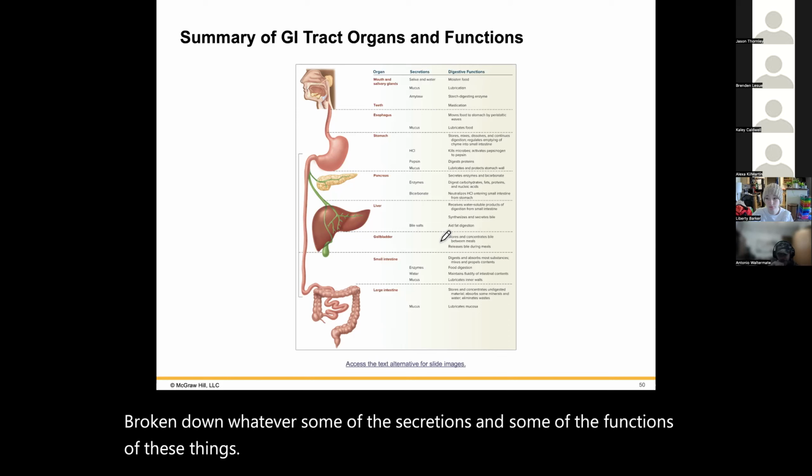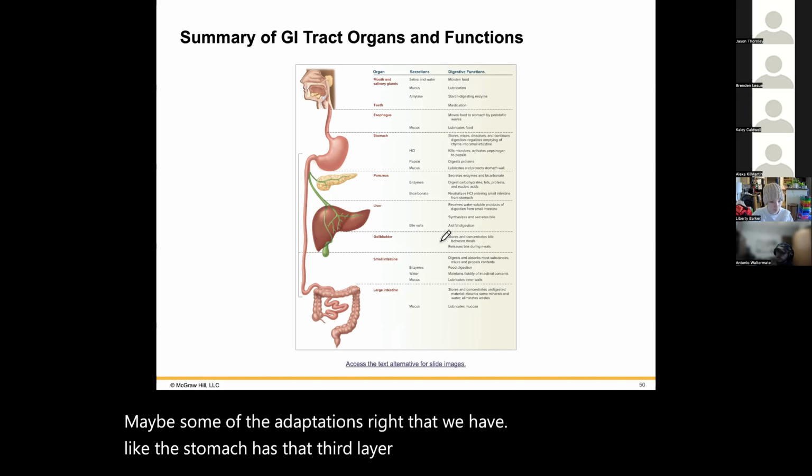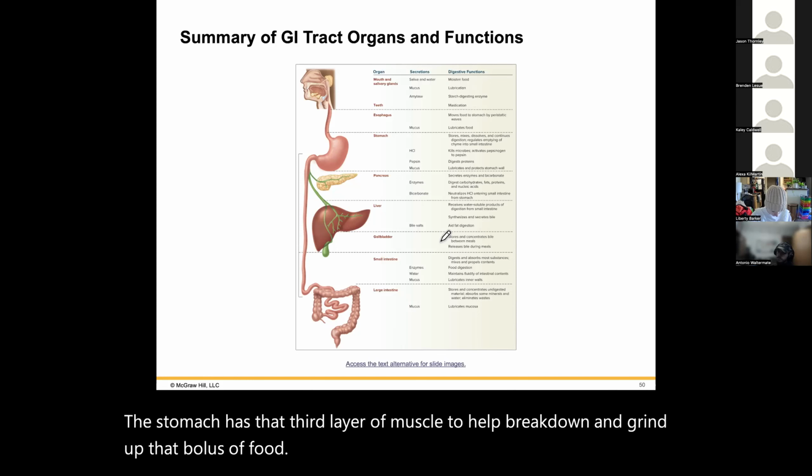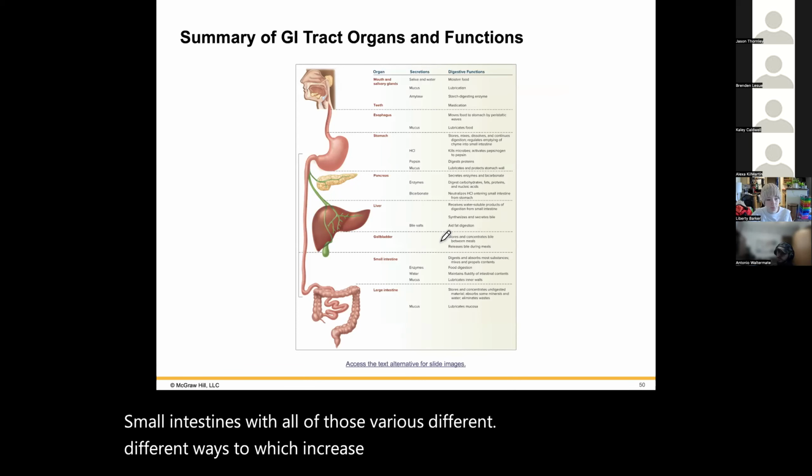Maybe some of the adaptations that we have. Like the stomach has that third layer of muscle to help break down and grind up that bolus of food. The small intestine with all of those various ways to increase surface area for absorption. Large intestine with goblet cells.